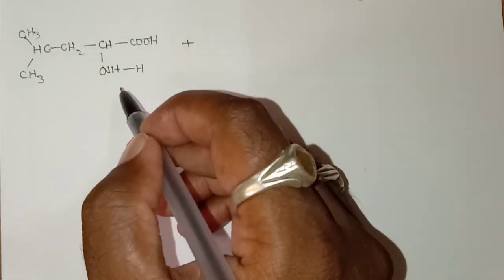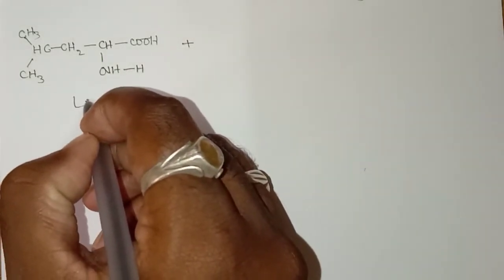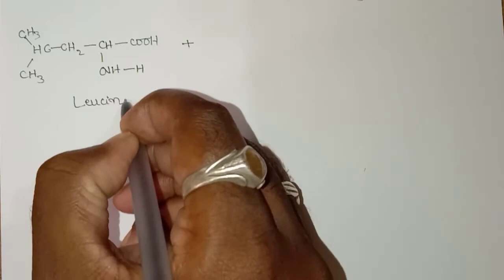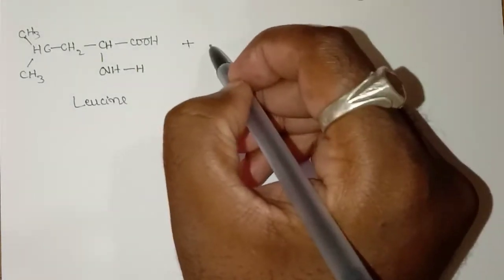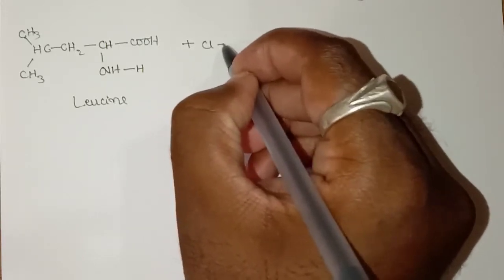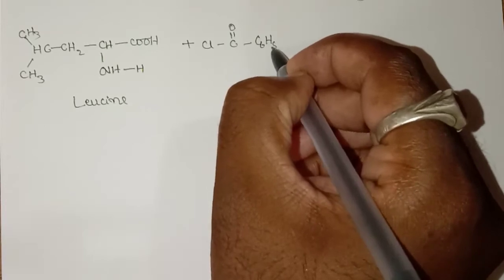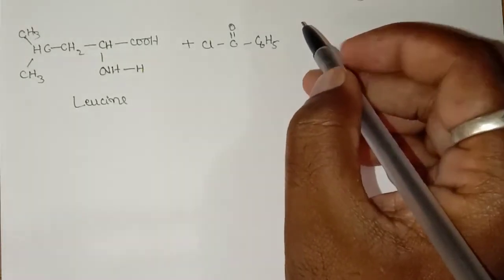So here the amino acid that we are considering for the illustration is leucine. When leucine is reacted with acid chloride, let me consider benzoyl chloride. So Cl, C double bond O, benzoyl, in the sense that in place of R we are supposed to take C6H5.